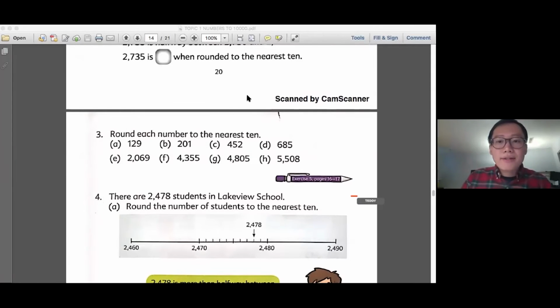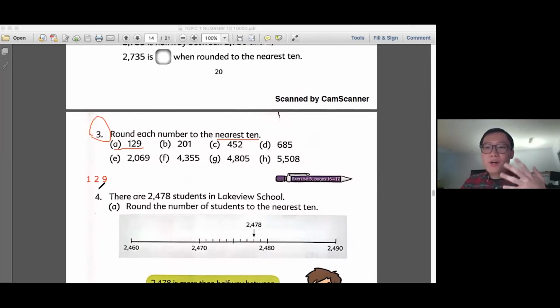Let's do some exercises. Look at number 3. We still want to round to the nearest 10, but we have bigger numbers. For example, A has 3 digits, but we still want to round it to the tens place. So let's look at 129. Hear me out before we exercise.